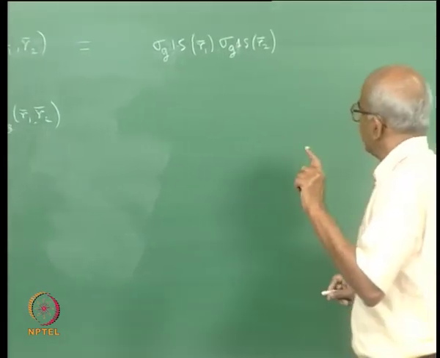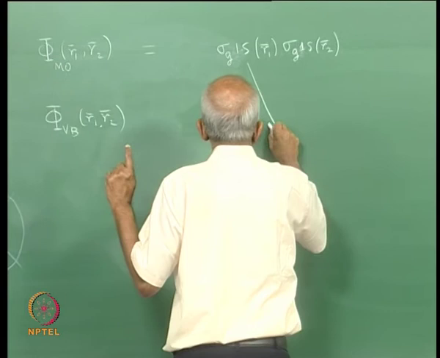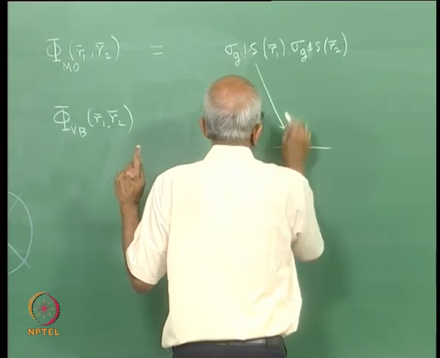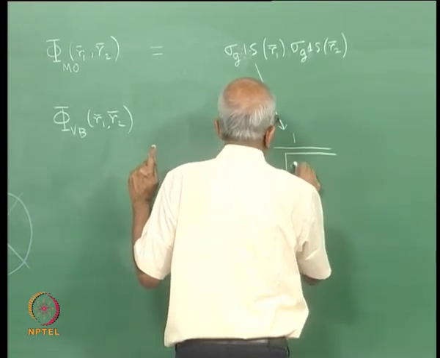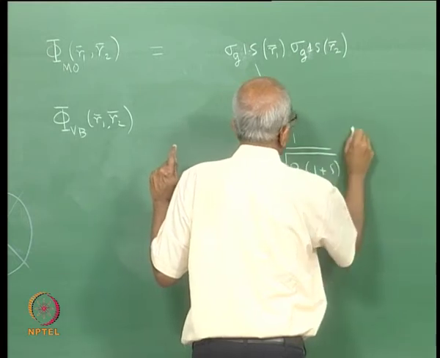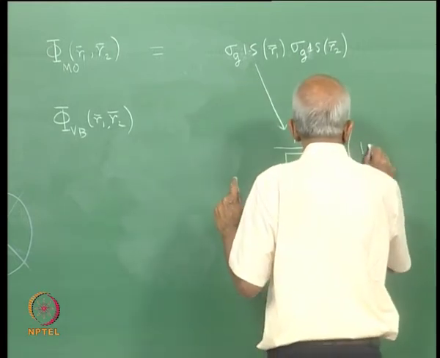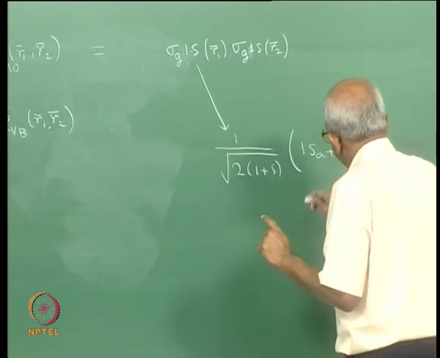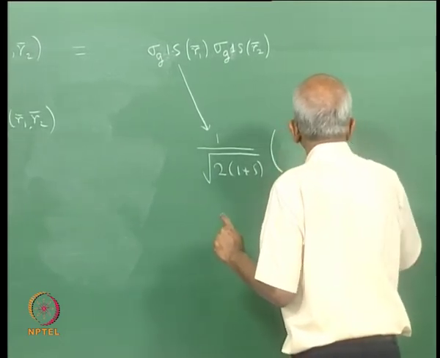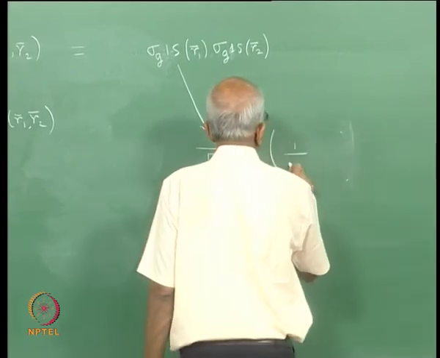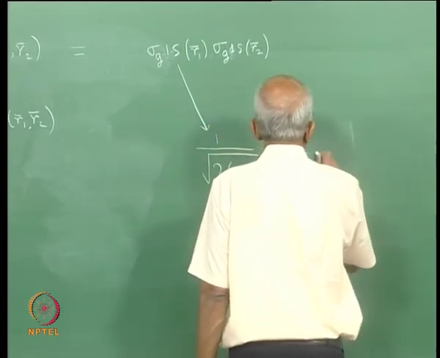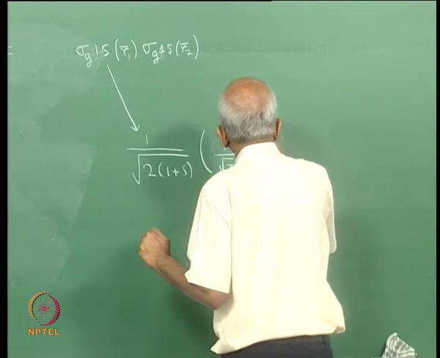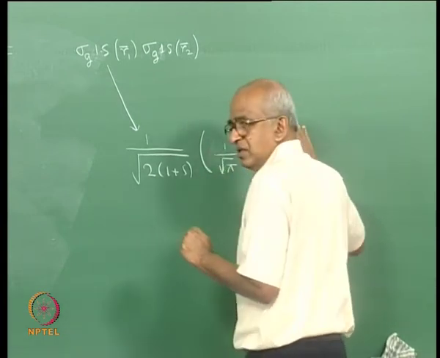Now, to be very clear, I want to tell you what this function is. Even though I have used this as shorthand notation, what I have written here means 1 by square root of 2 into 1 plus S, times 1sA plus 1sB. But 1sA itself I would like to write in a slightly more detailed form: that is equal to 1 by square root of pi e to the power of minus R A, that is the precise form of 1sA.